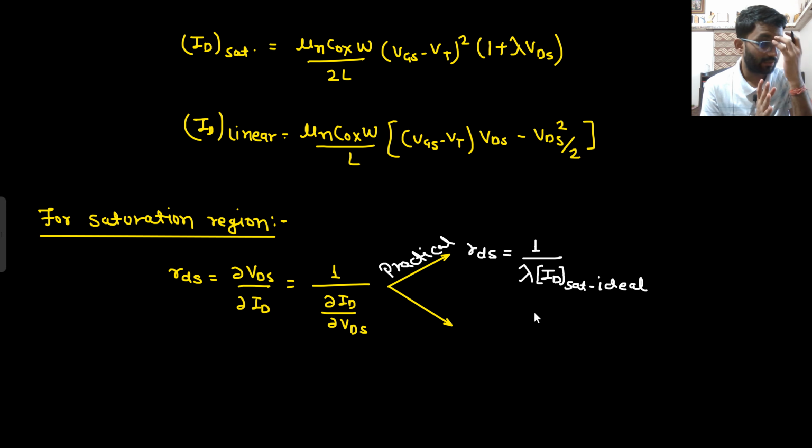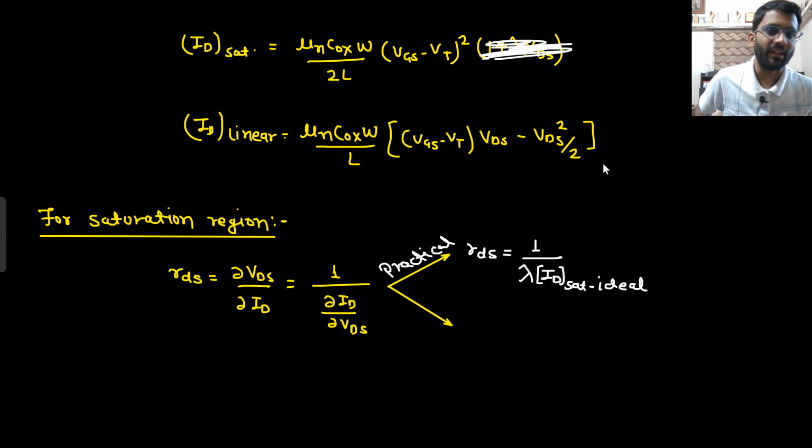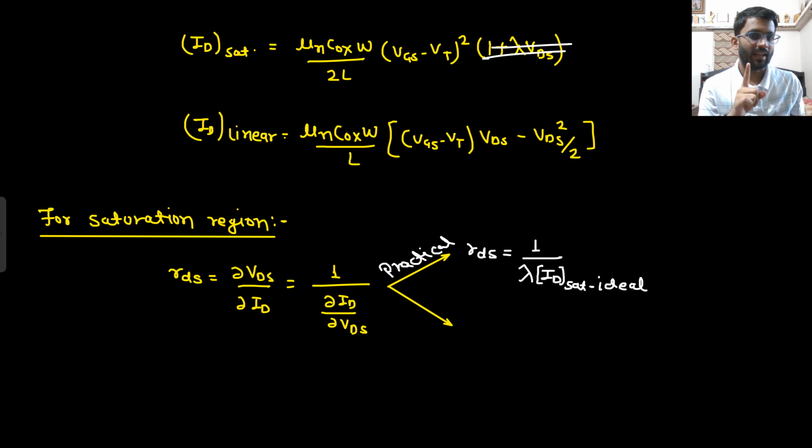Then you can find out the value of RDS. How will you find out? Because you have the value of lambda, you can find the ID saturation. But in the ideal case, what is the expression of this? That is mu n Cox W by L. This will not be there. This is eradicated. I am asking you to write the ID saturation in the ideal case. In the ideal case, lambda will be 0.